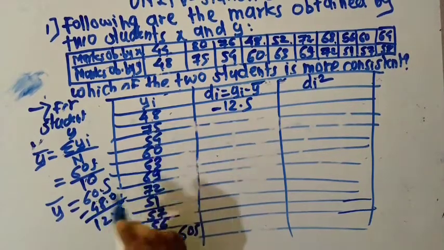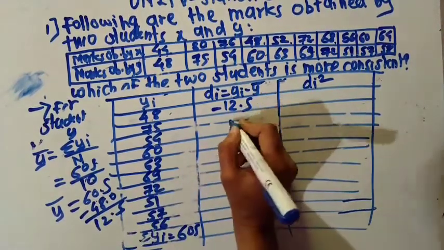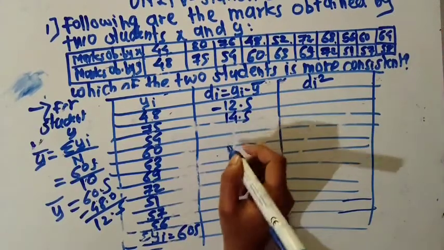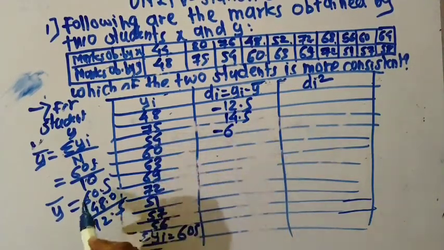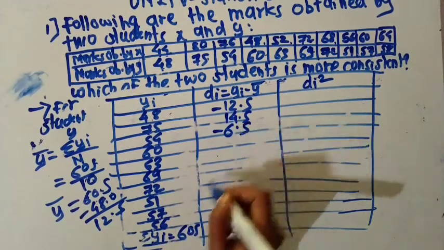Then 75 minus this is 14.5. 54 minus this is minus 6.5.